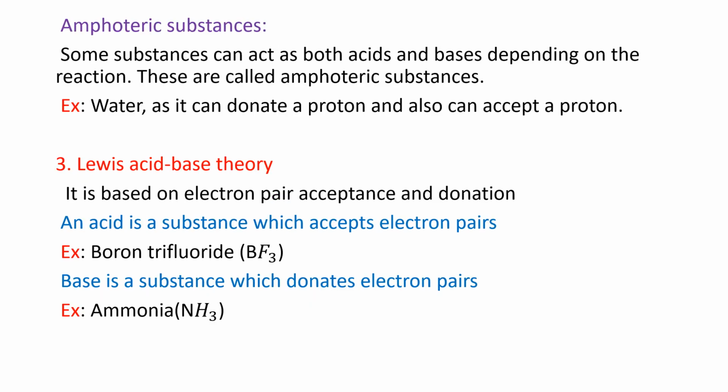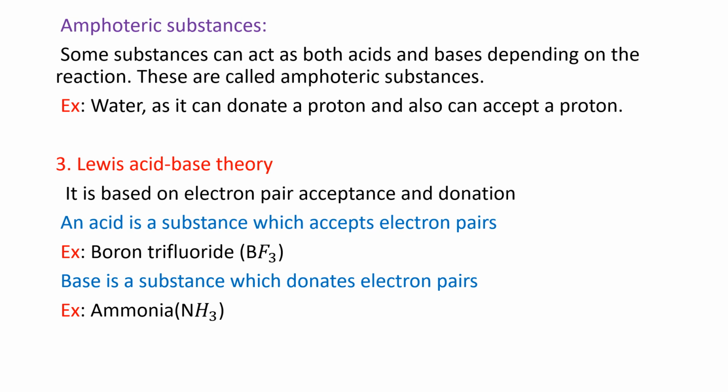Substances that are able to act as both acid and base depending on the reaction, for example water, will be called amphoteric species. They will act as both acid as well as base depending on the reaction condition.